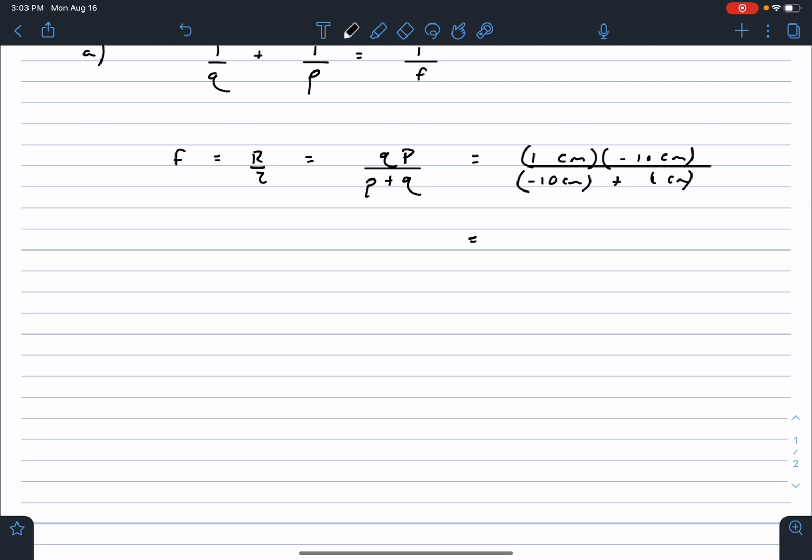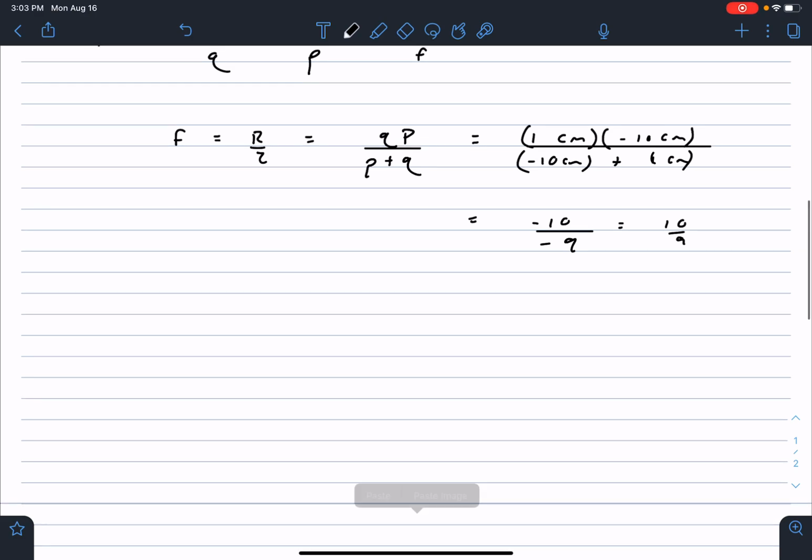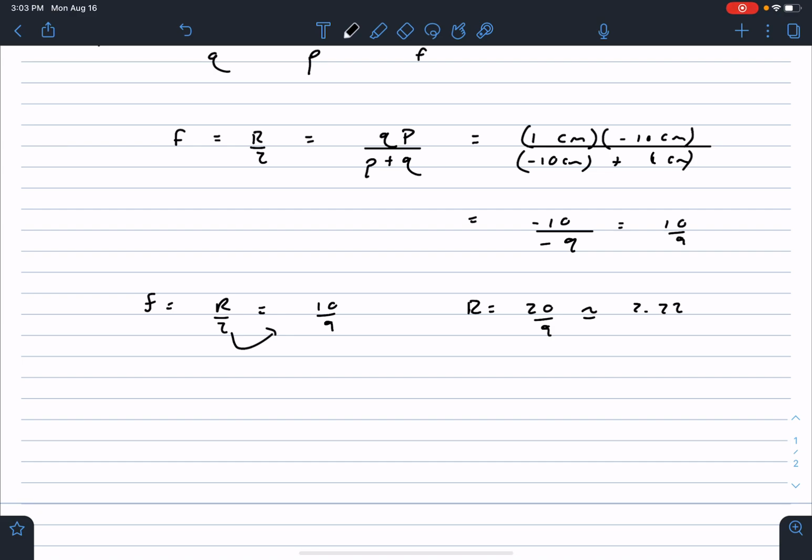So it's pretty straightforward. Just plug it into a calculator. You end up with negative 10 over negative 9, so it's 10 over 9, right? And since f is equal to r over 2, which is equal to 10 over 9, we take 2 to the other side. r is equal to 20 over 9, which is about 2.22 centimeters. Okay, so that's part A.